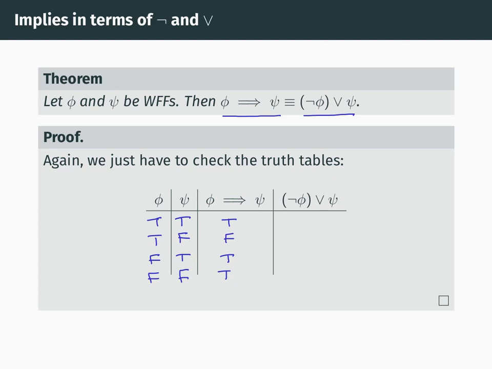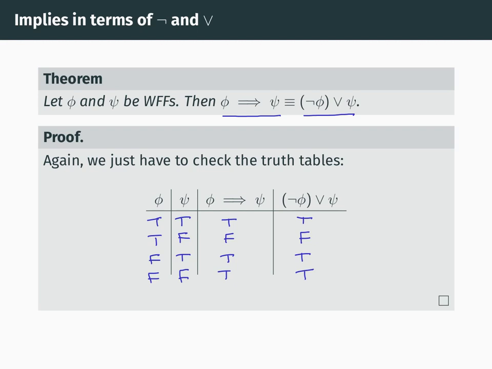In other words, when phi is true and when psi is false. So the only time this will be false is in this row of the truth table, when phi was true so that not phi was false, and when psi was false. And in all other cases it will be true.